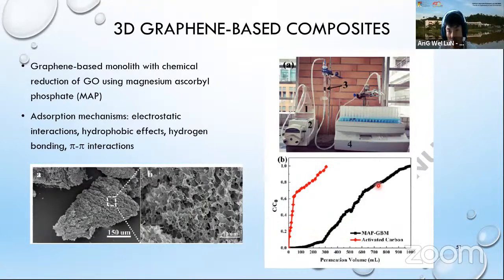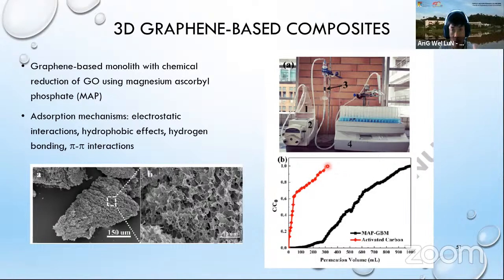But for the case of this graphene-based monolith with chemical reduction, we can filter until 1 liter of solution before it is saturated, and then you need to take it out and regenerate it. Okay, so it means that it has a better filtration performance or adsorption performance.